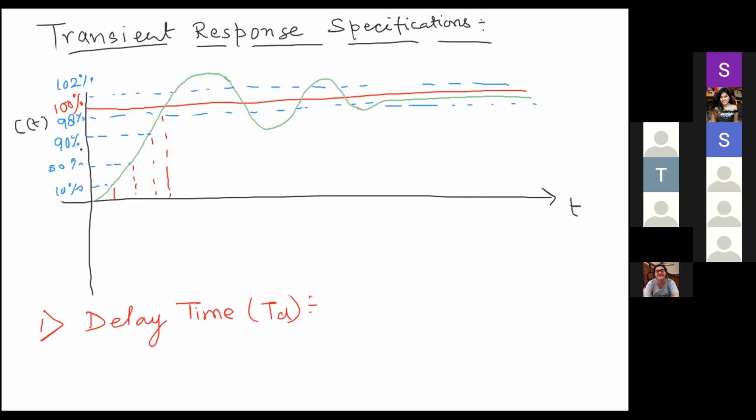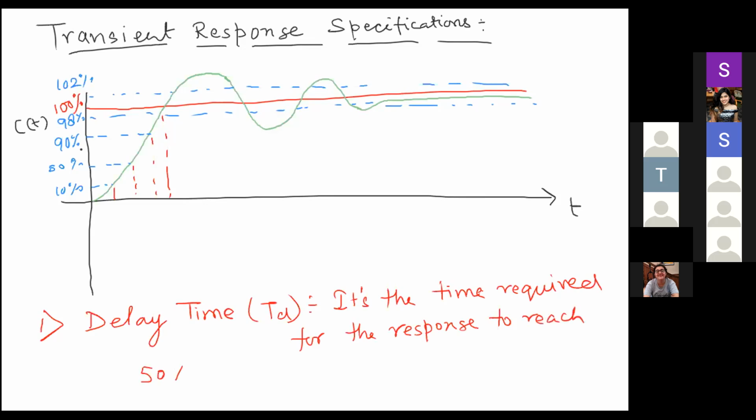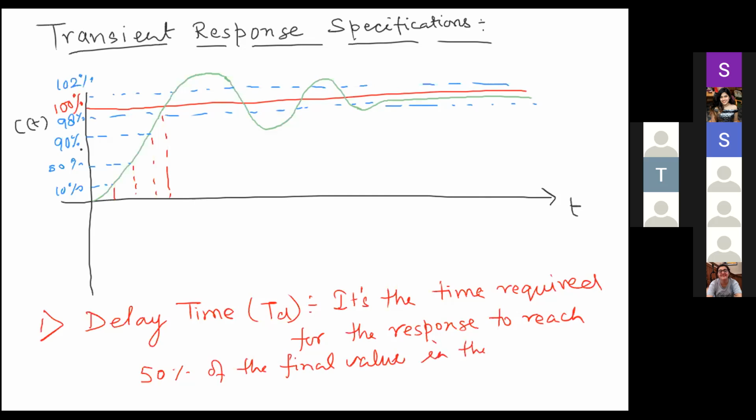It is the time required for the response to reach 50% of the final value in the first attempt. Meaning the first time when it reaches 50% of the final value.